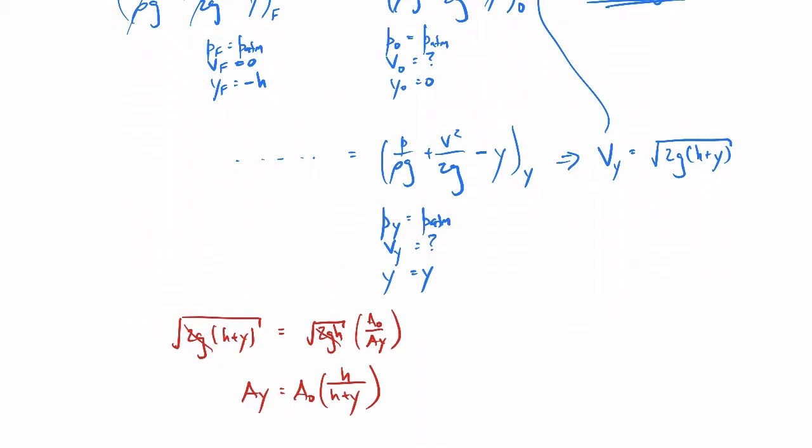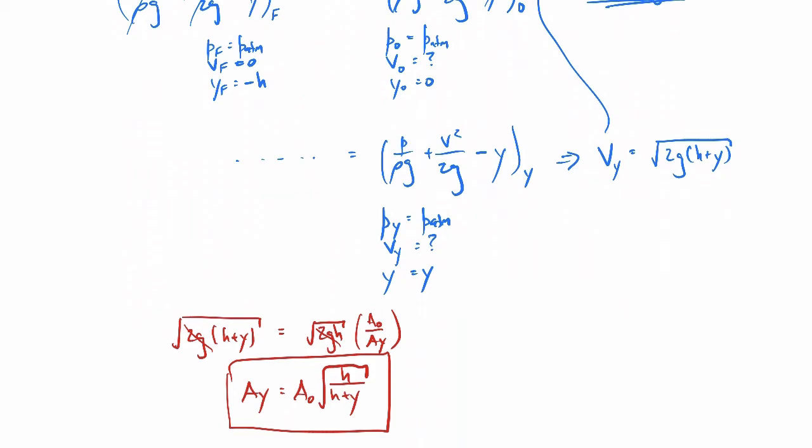And there's a square root there I should be careful of as well. Let me just double check that I've got that all written correctly. Yeah. All right, I think I've done that all correctly. So this is our final result. So the area of that jet as it goes further and further down, you can see it goes inversely with the square root of y.